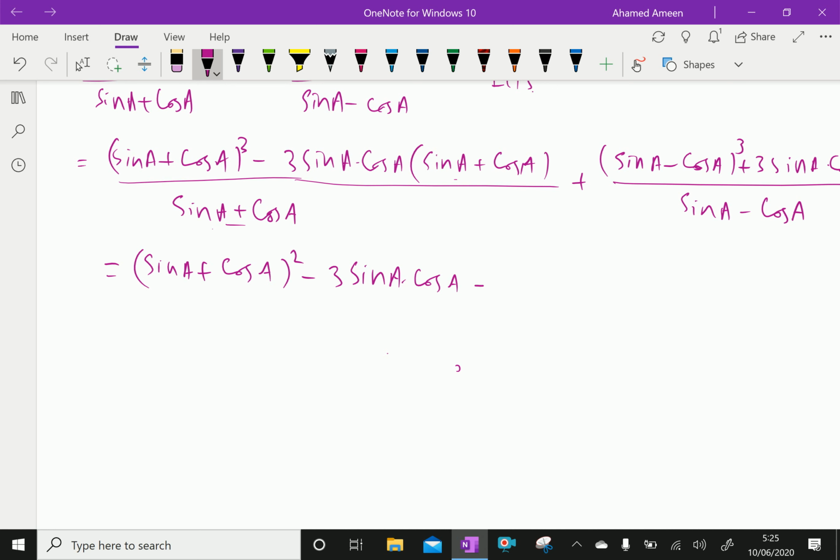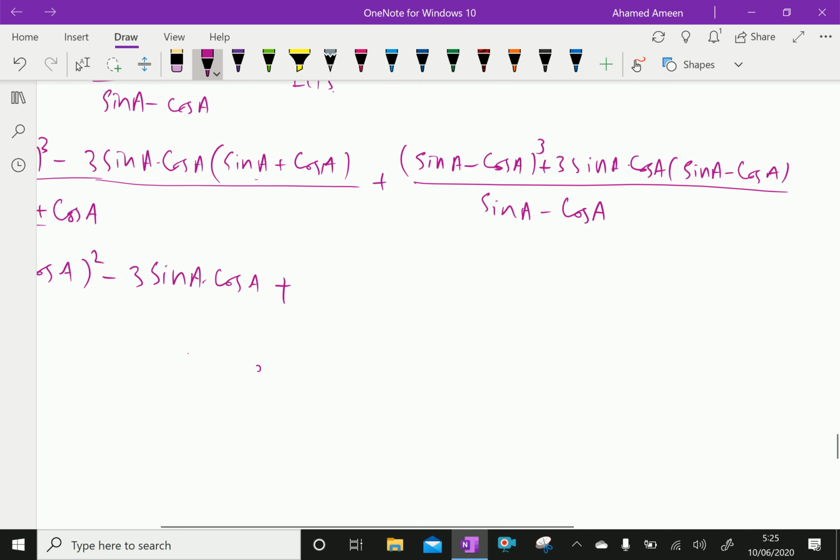Like this here also sin A minus cos A whole cube gives sin A minus cos A whole square plus 3 sin A cos A, because sin A minus cos A cut.